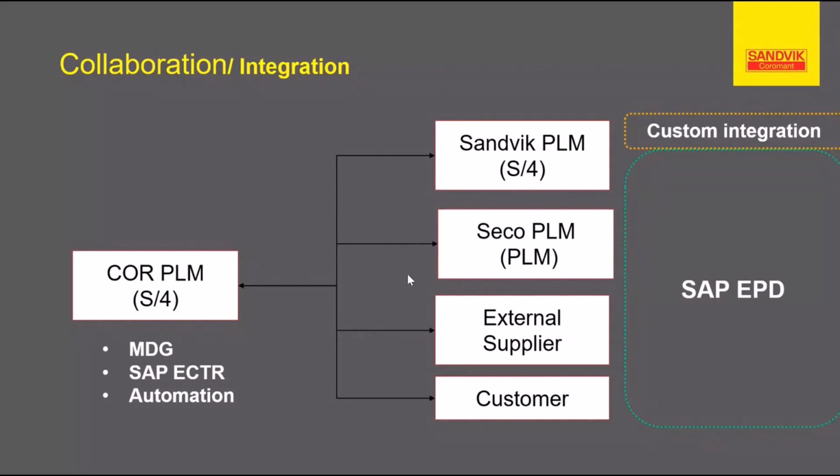Then on the right side, we have the Sandvik PLM where we are today, but tomorrow our sister company will use it. There is one way, and here we also see a combination of both custom integration plus EPD. But when we move away from this S4 Sandvik PLM, we see EPD as a way to collaborate with SACO, our sister company.